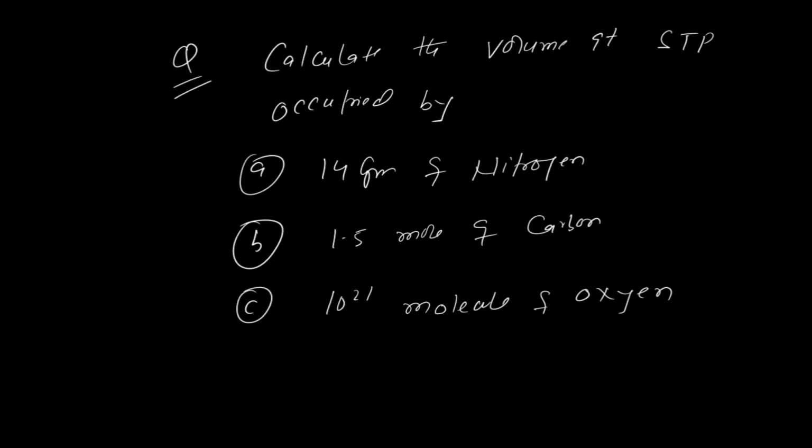So first you should understand the relation of the volume to the number of moles and to the masses. If you remember, I told you earlier, 1 mole of molecule is equal to 6.022 into 10 power 23 molecules.